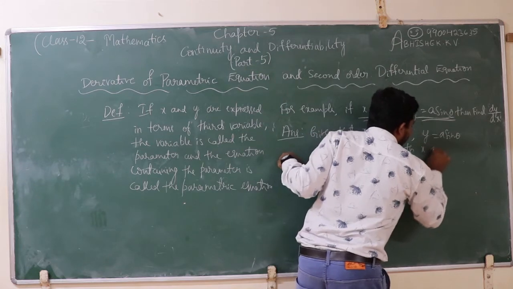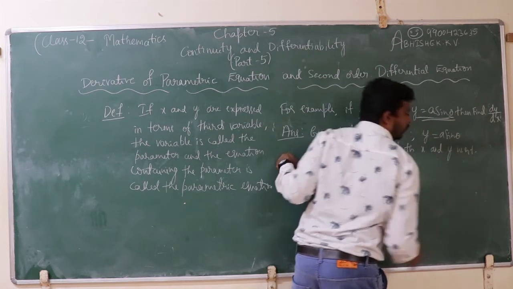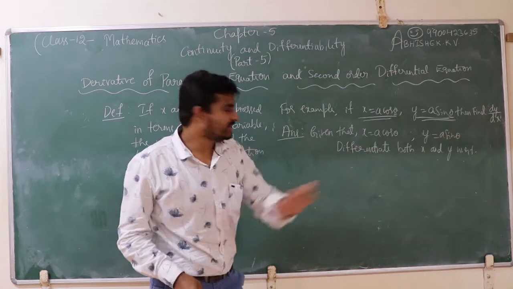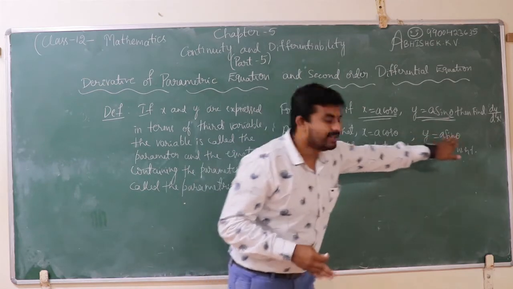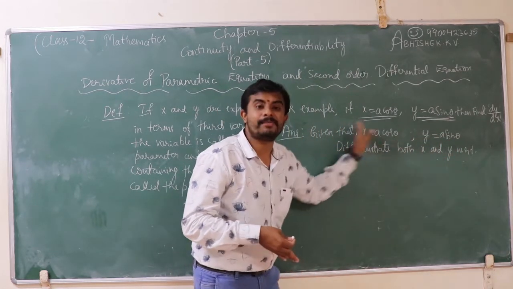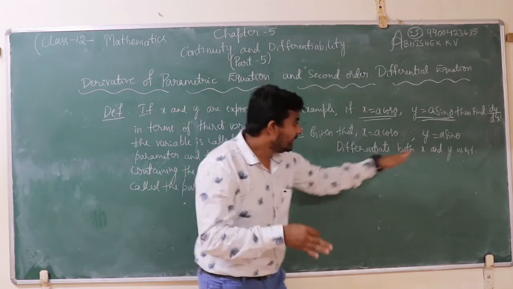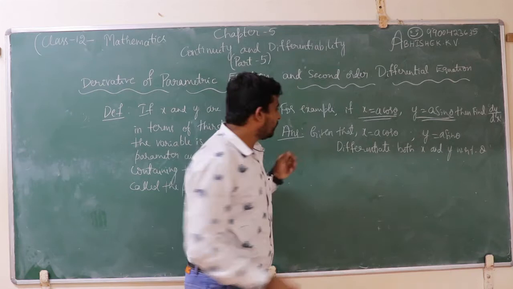Differentiate both x and y with respect to the third variable. These equations are in terms of theta, so we need to differentiate both x and y with respect to theta.